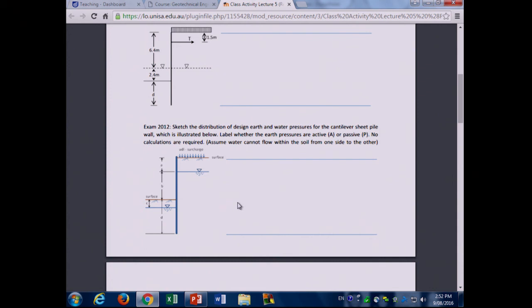First, identify, is it cantilever or anchor?